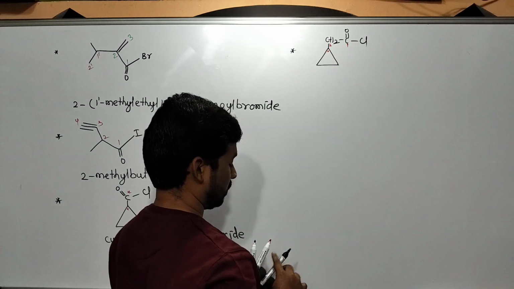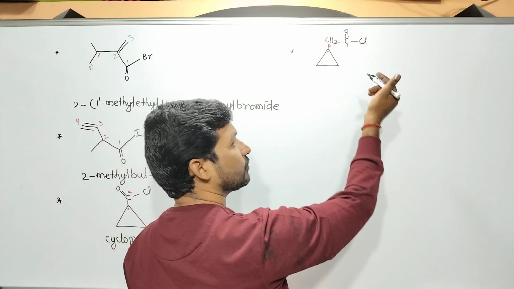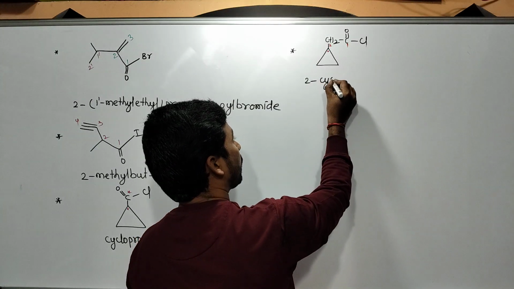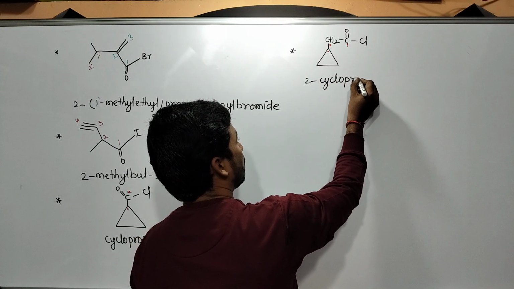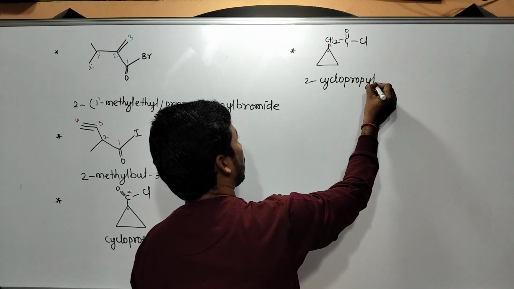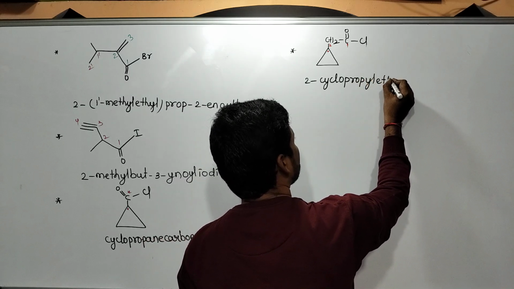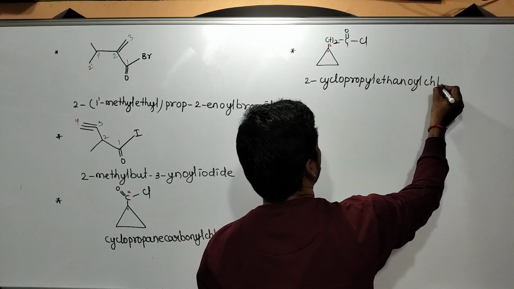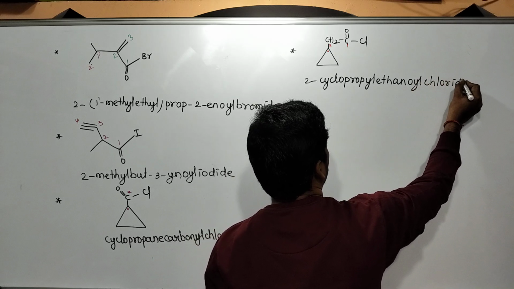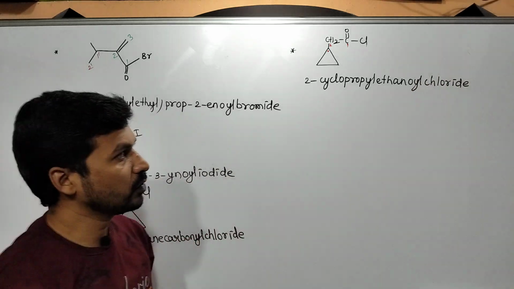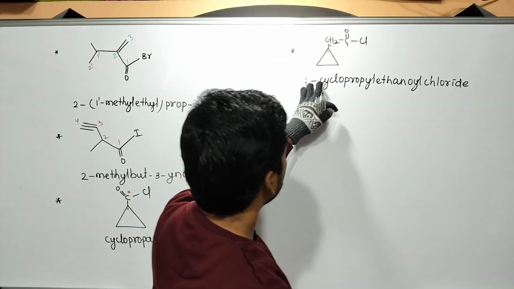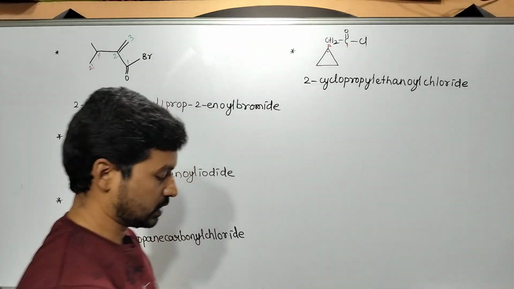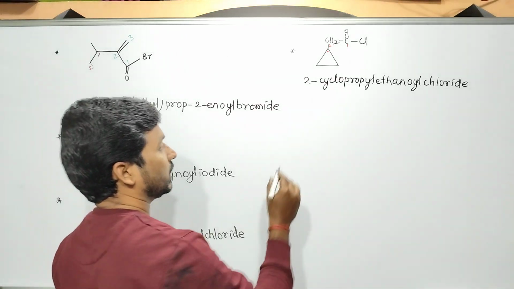This is the parent chain, not the cycle, because it is the open chain containing the functional group. Second position, what? Cyclopropyl. 2 carbon atoms are there, so ethanoyl chloride. So 2-cyclopropyl ethanoyl chloride is the IUPAC name of this molecule. Next.